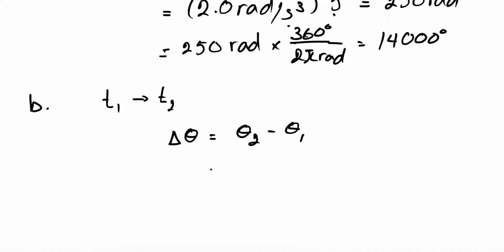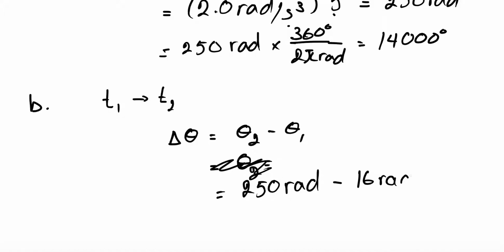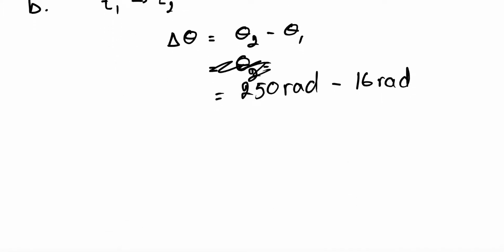We have the theta 2 value. Theta 2 is equal to 250 radian minus theta 1, which is 16 radian. We found it above in this question. So the displacement between theta 2 and theta 1 equals 234 radian.